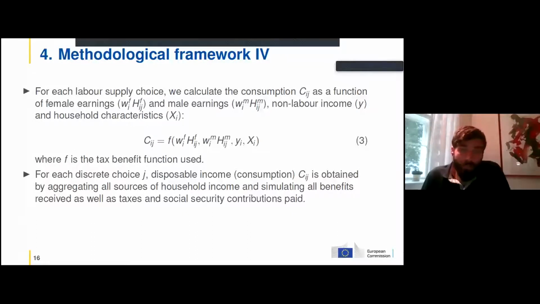We calculate with the tax-benefit function, which is EUROMOD in this case, each consumption choice that a household could have. And basically we get the consumption of a household depending on the choice it is making. Then we aggregate all sorts of household income and simulate all the benefits that would be received by the household, and we can solve, within the labor supply model, all the choices the household has.